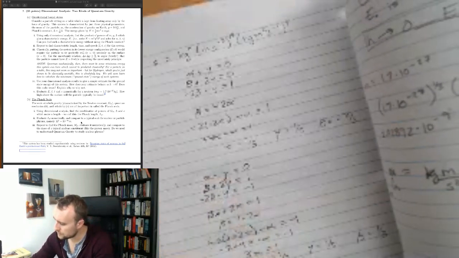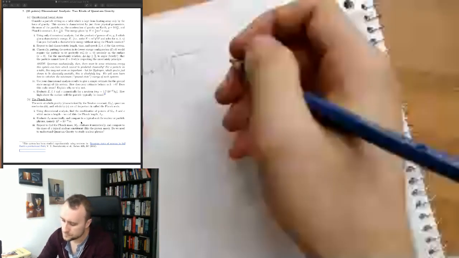Well, it's equal to the square root of, which ones were which now? It was Gn h bar over c cubed. This is the characteristic Planck length from dimensional analysis.